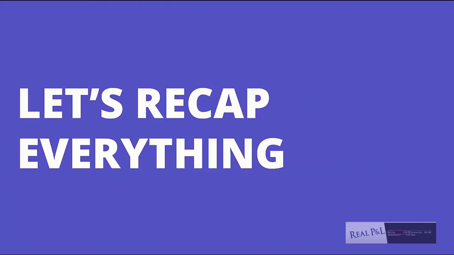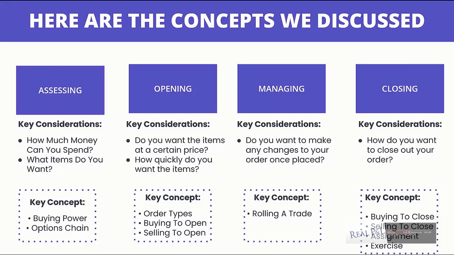So let's recap everything. As it relates to option order execution, there are 4 stages: assessing, opening, managing, and closing. When it comes to assessing, you have the key considerations: how much money you can spend and what items do you want, which relates to the key concepts: buying power and the options chain.